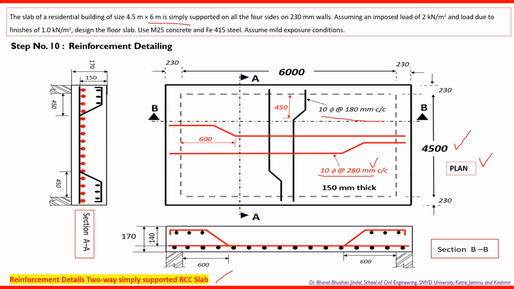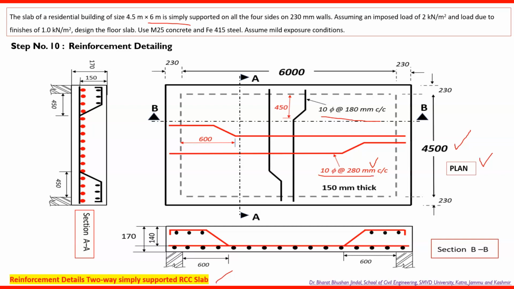Here the steel bars we are providing parallel to the longer span have more spacing, so that means we will be providing lesser steel parallel to the longer span and a greater value of steel parallel to the shorter span, since the shorter span is more critical. That's why we have to provide higher reinforcement parallel to that direction.